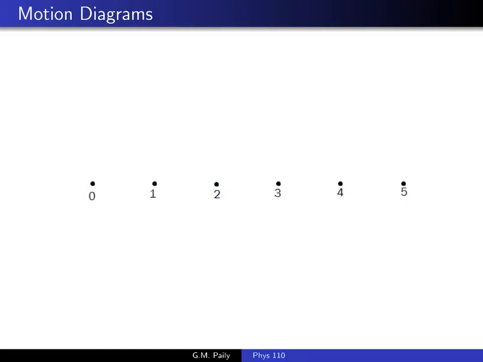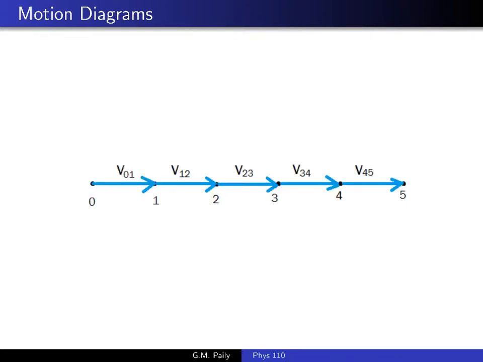What information can we extract from this motion diagram? We have been given the positions and the times. Now we can draw arrows linking consecutive dots. This arrow is delta r01.